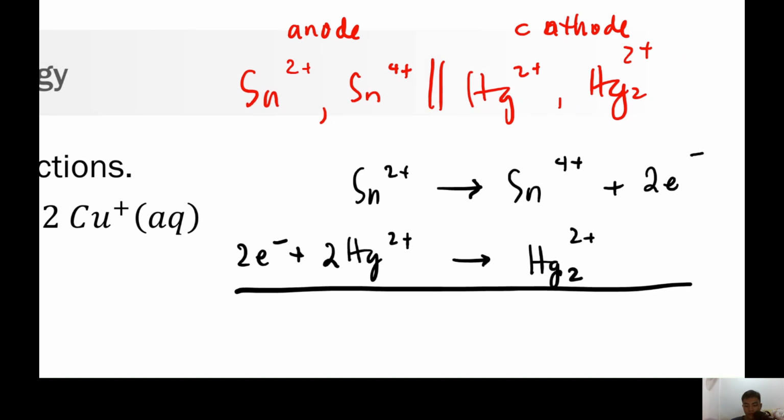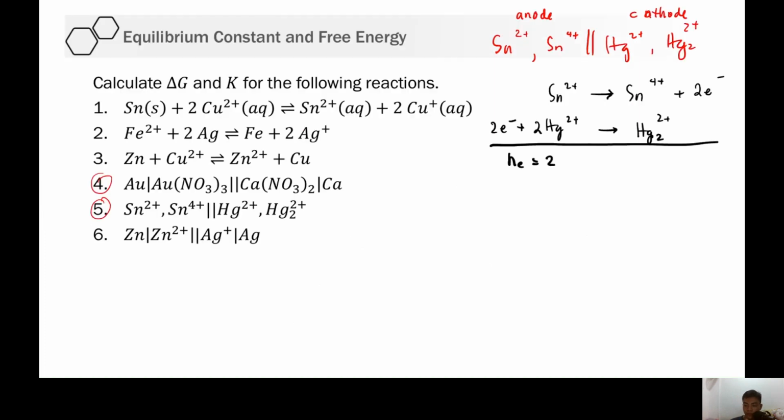So there you go, moles of electrons is equal to 2. I'm not going to write the entire equation. So let's solve for delta G. Delta G can be calculated as negative nFE cell. By the way, we forgot to solve for the E cell.